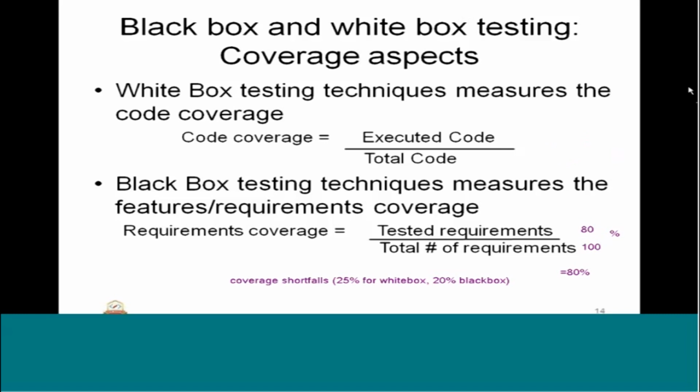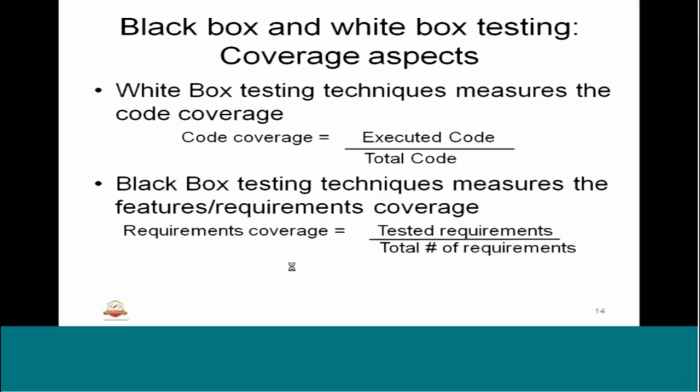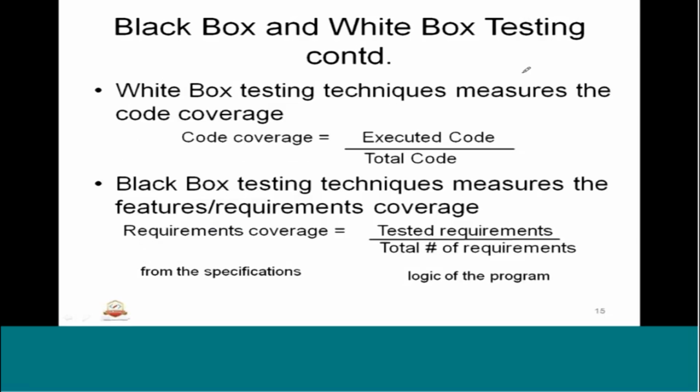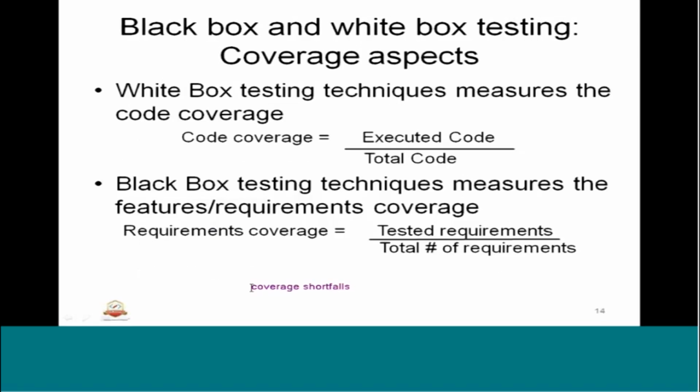Okay. So there are different techniques that are used for coverage shortfalls. Like we could take a credit of white box for black box.